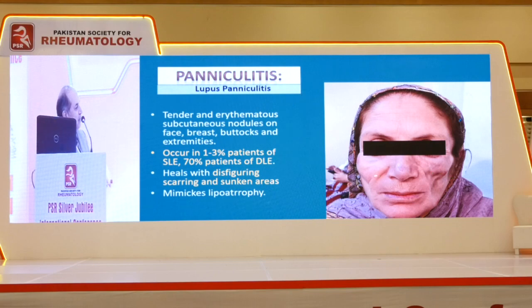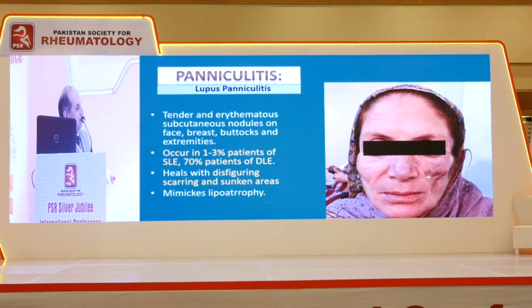Patients presented to us with sunken cheeks. On taking history, it was found that initially the patients had painful, tender nodules and plaques over the cheeks. But later on, this led to atrophy and loss of fat, and patients presented with sunken cheeks.